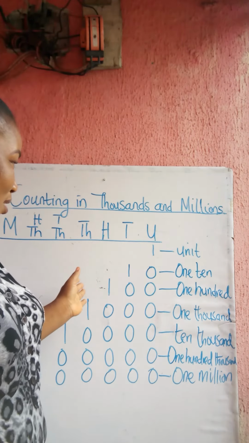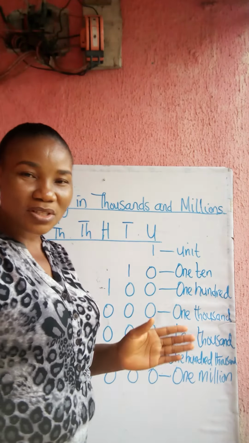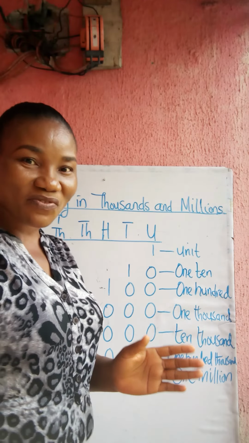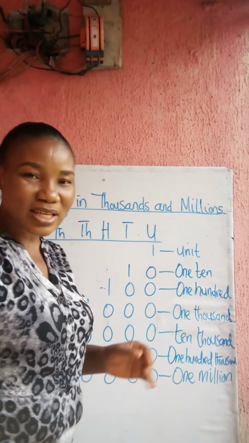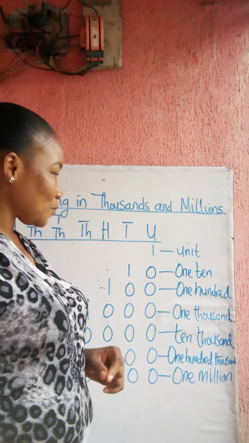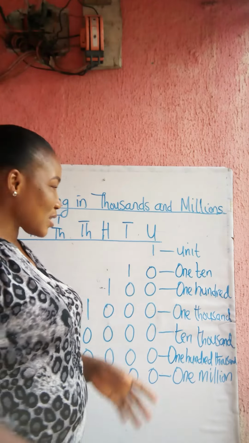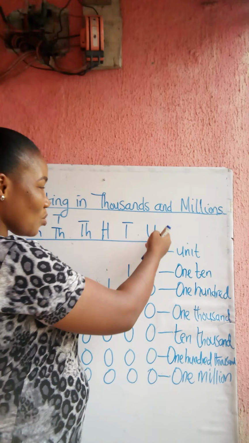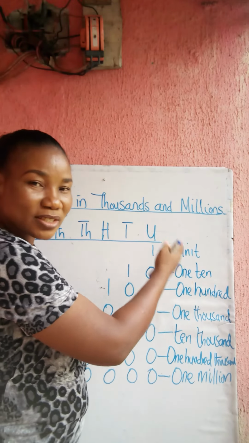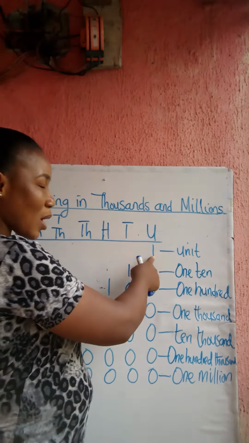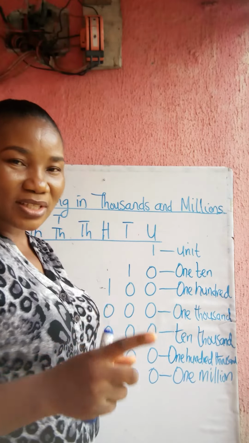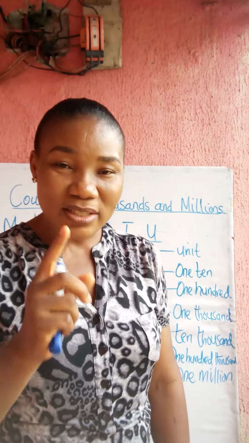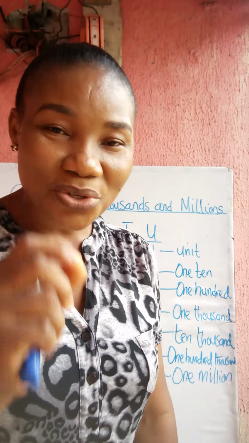In order to enable us to read our large numbers very well, we need to understand this chart. Starting from our right hand, we have the U, which is units. Wherever we have one digit, it stands for unit.